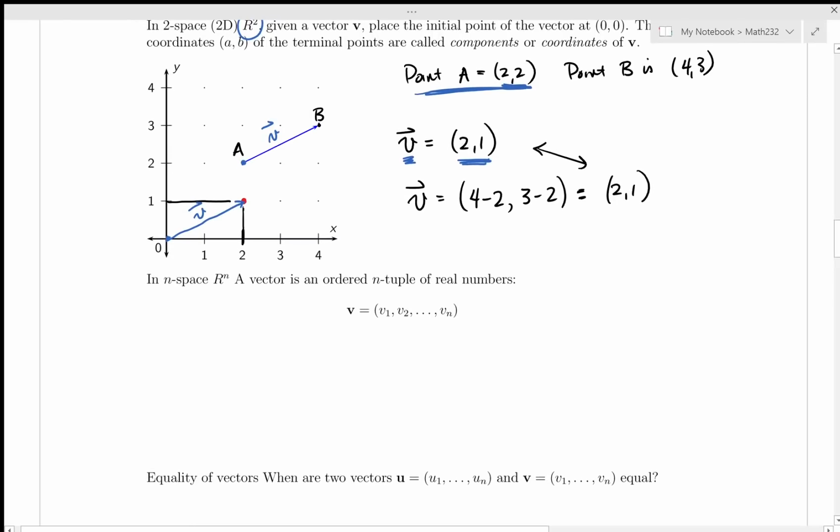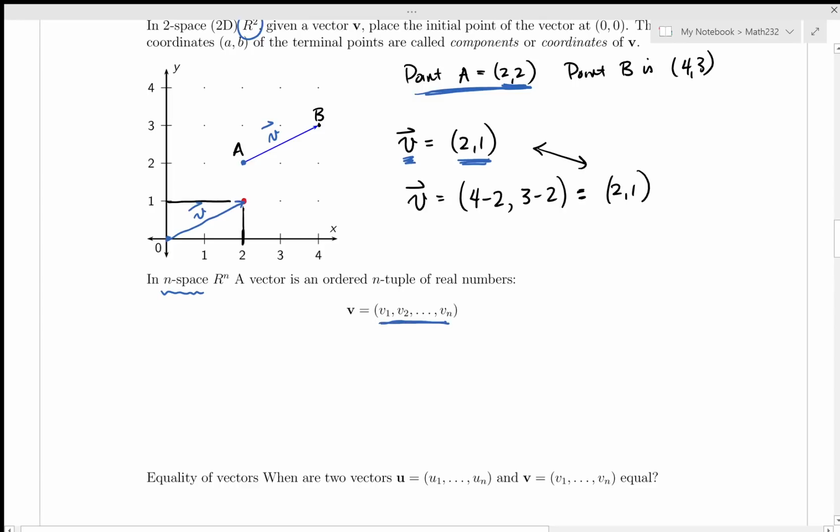Now, one thing that's kind of cool about linear algebra is we can go into any number of dimensions that we like. In n-space, the vector we have is an ordered n-tuple, which basically means that if it's in n-space, we have n numbers.